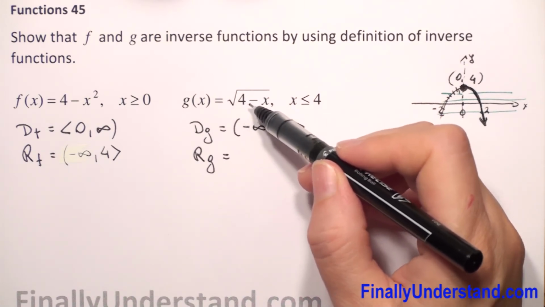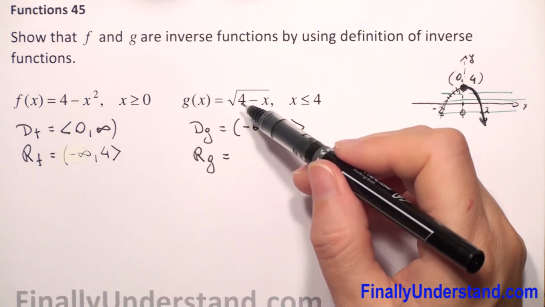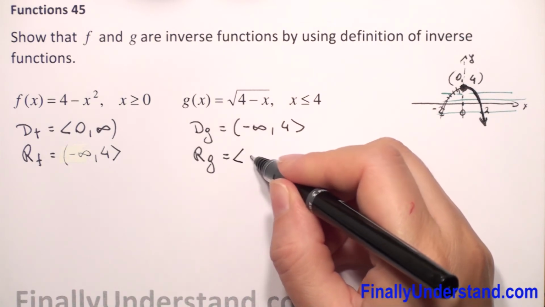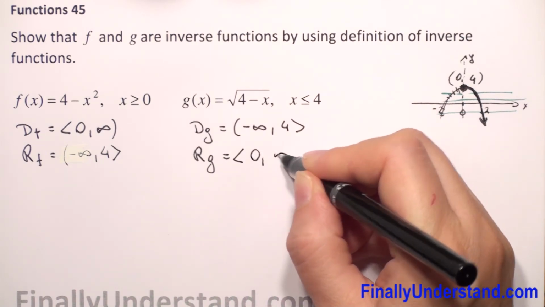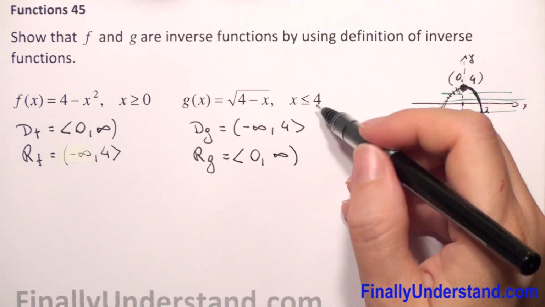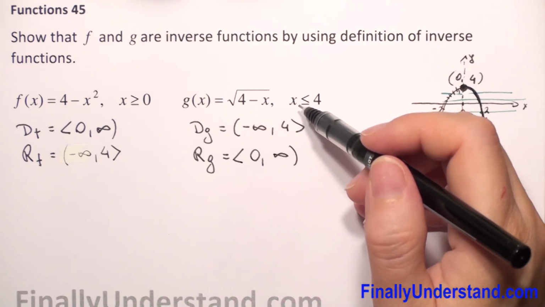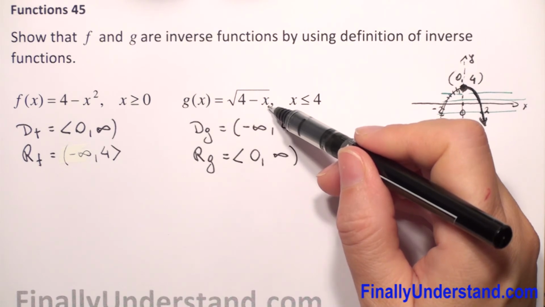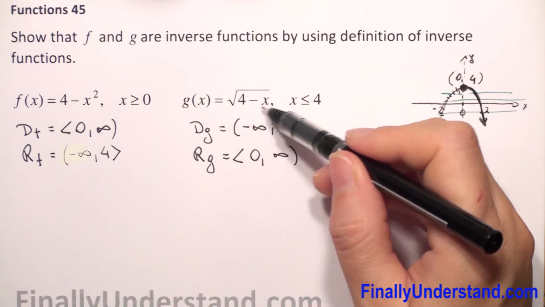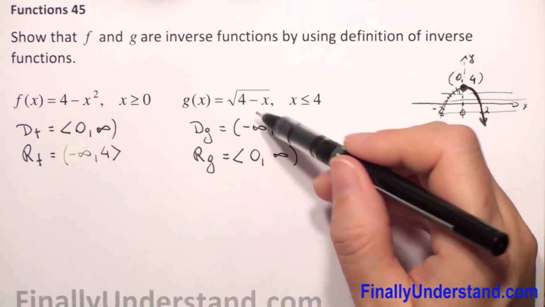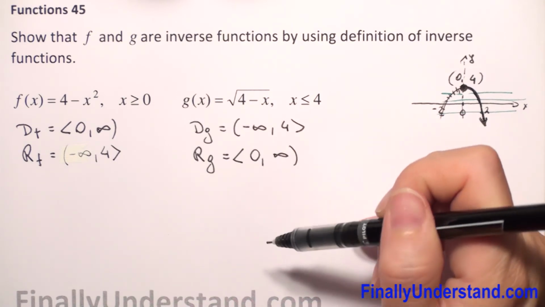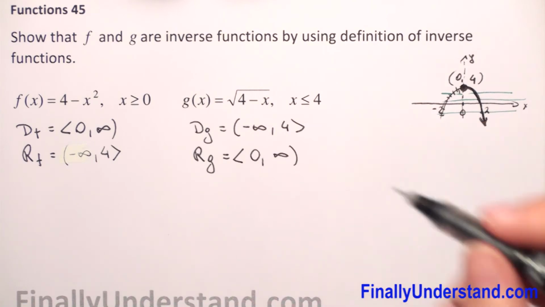We cannot have negative values from a square root. So this is the interval from 0 to positive infinity. The smallest value we can get from the square root will be when we substitute x by 4. 4 minus 4 is 0, so we will have the square root of 0, which is 0.